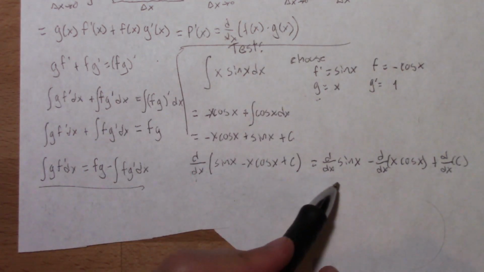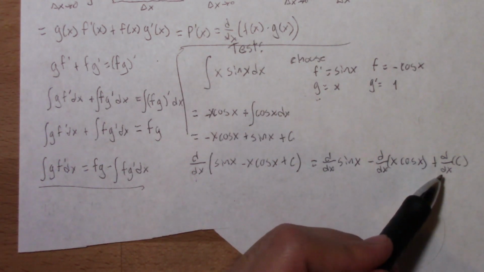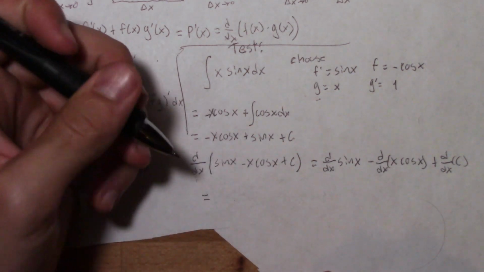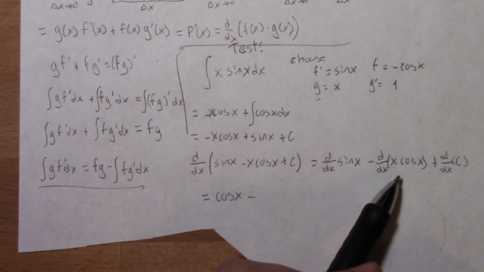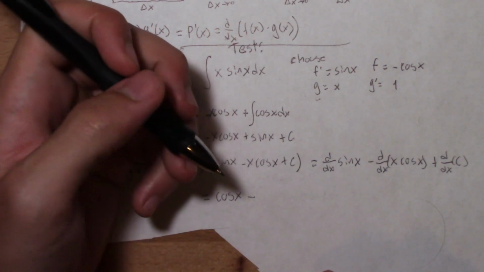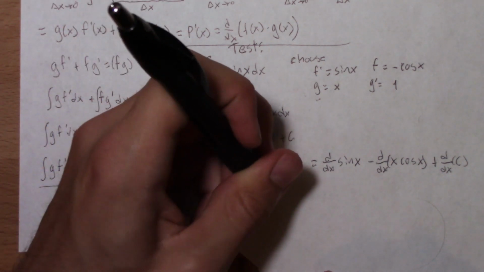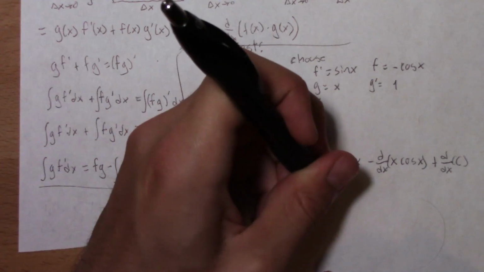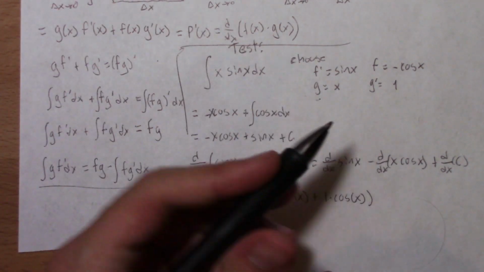Just expanding it out, this equals the derivative of sine of x minus the derivative of x cosine x plus the derivative of the constant, which equals cosine x minus, from the product rule, the derivative of x cosine x equals x times negative sine x plus 1 times cosine x, and then add that to 0.